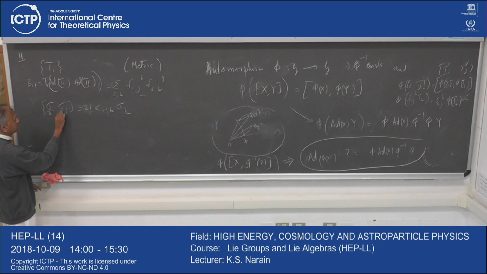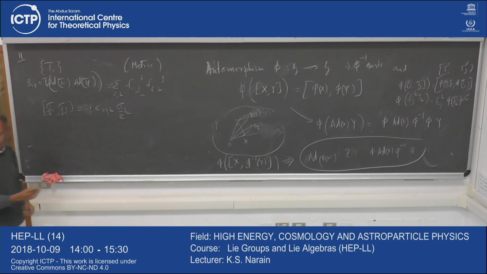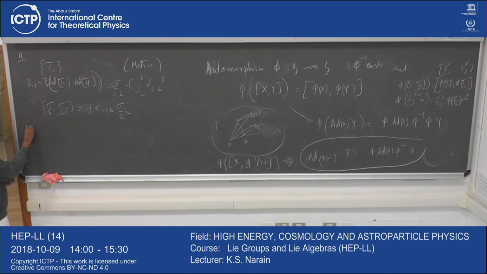Suppose I choose sigma over 2 as my basis. Then there is no factor of 2. So in this basis, my Ti is one half sigma i.